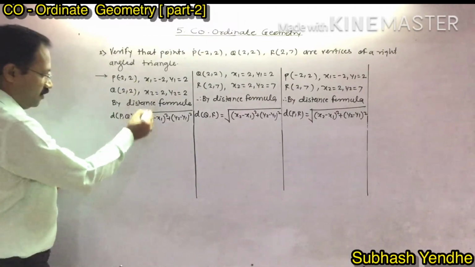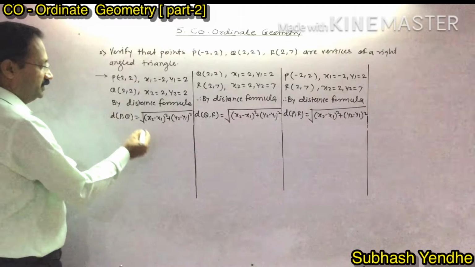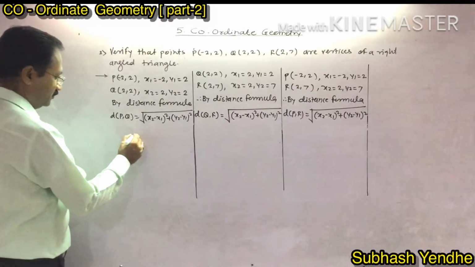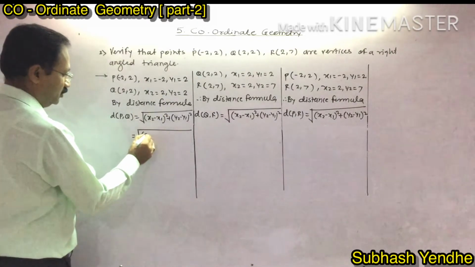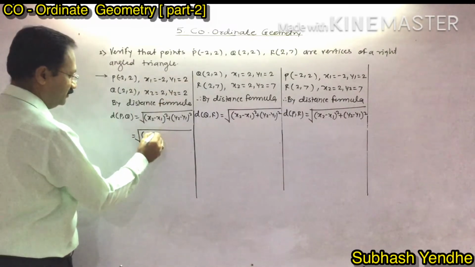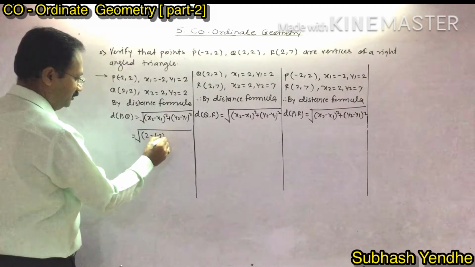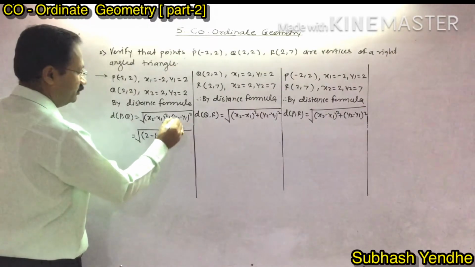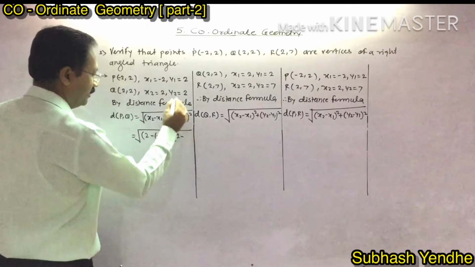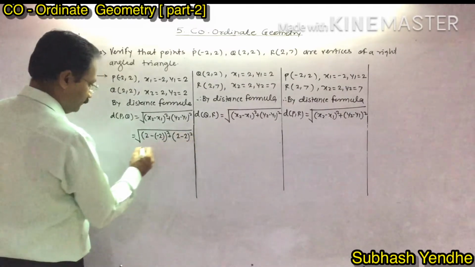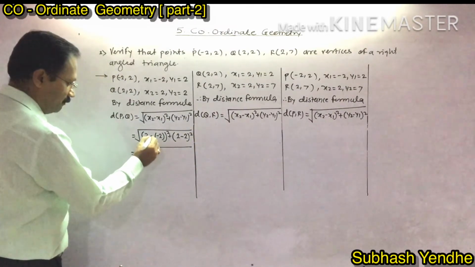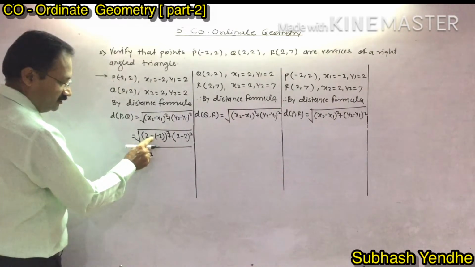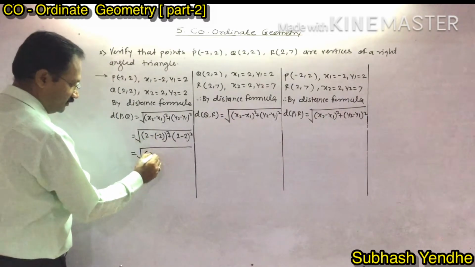So I have written all the coordinates with the distance formula. Now I am going to substitute the values only. x2 is given 2, minus x1 is minus 2. So it should be in small bracket. y2 is given 2, y1 is given 2. So here you will get 2 minus, if the minus is outside the bracket, you have to change the inside one.